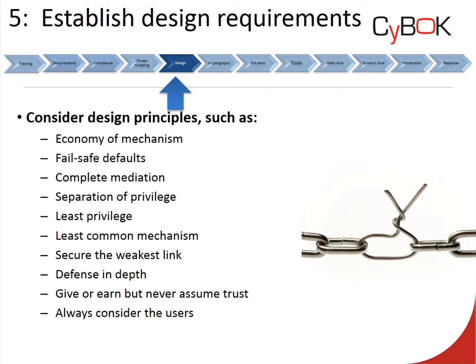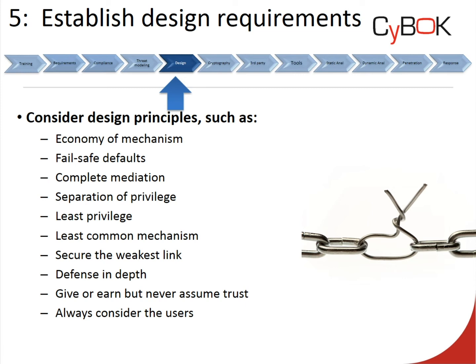Complete mediation says that every access to every object needs to be checked for authorization so that, once you're in the system, your access control is continuously being checked to make sure that you still have the access that you need for the privilege that you're trying to access.